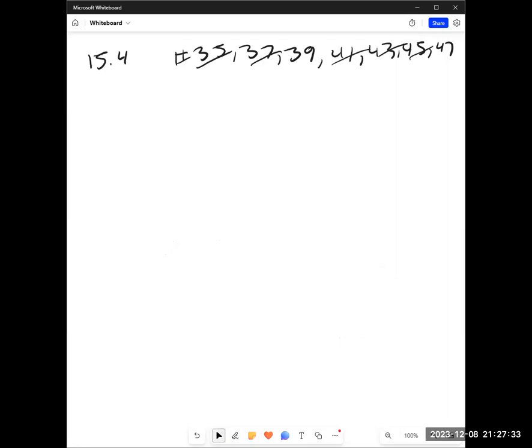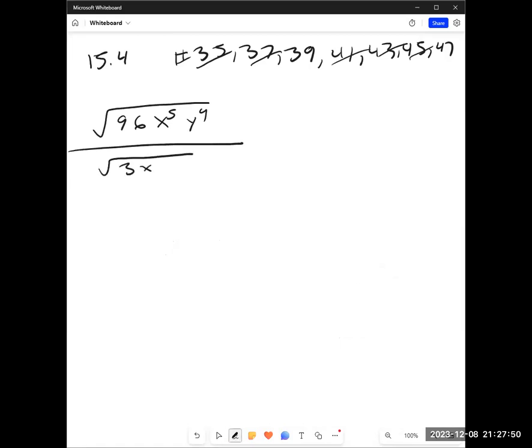And let's look at one more problem here. The square root of 96x to the 5th y to the 4th divided by the square root of 3x to the 3rd y.